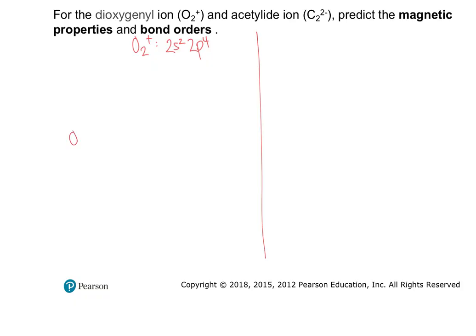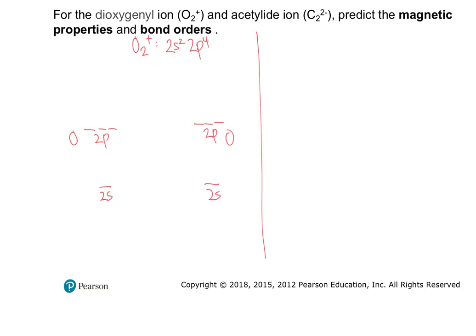We're going to draw one oxygen atom here and one here. We'll start with the 2s on this one and the 2s on this one, and then the 2p here and the 2p here. Oxygen, if we remember, is one of those that has low sp interaction.